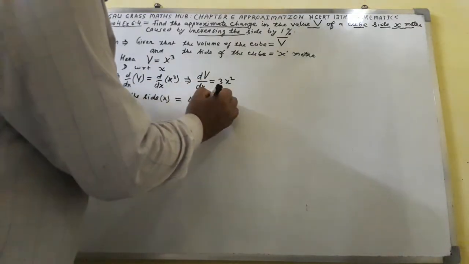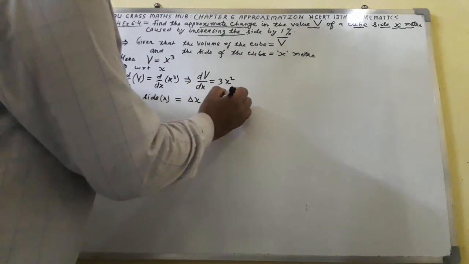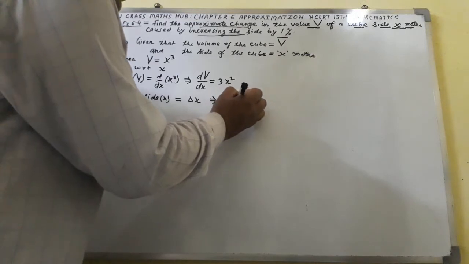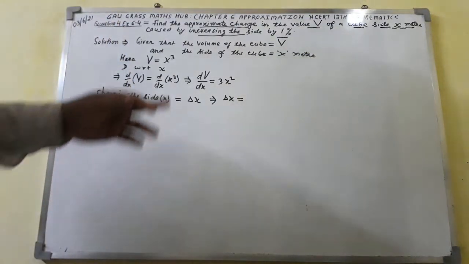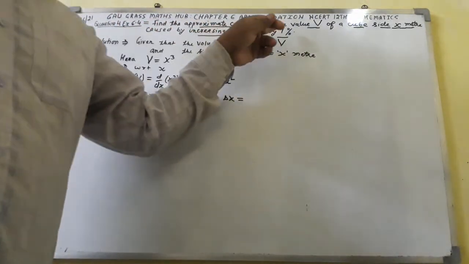So what we'll do here: I shall write, implied that delta x is equal to, here it says increasing the side by 1%.